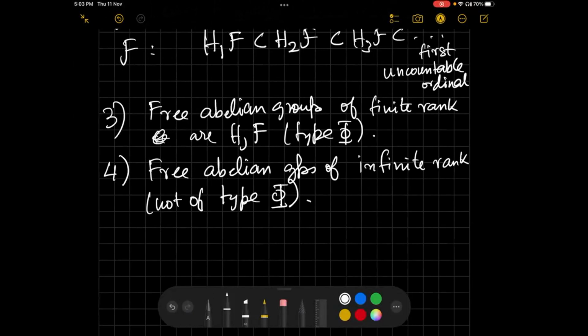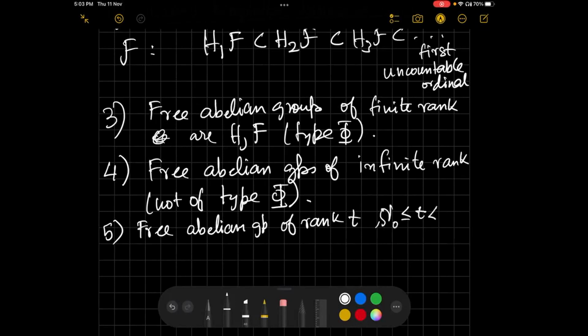So for example, I want to get this absolutely correct, so just give me a moment. The free abelian group of rank T, where T is bigger than or equal to aleph 0, but strictly smaller than aleph omega, where omega is the first infinite ordinal.